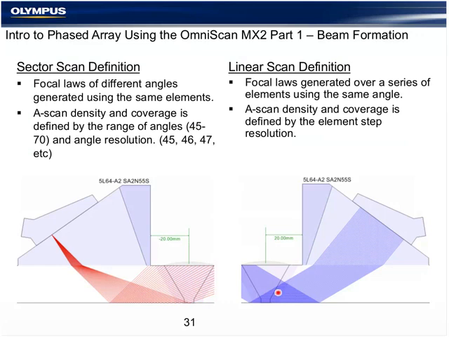A sector scan group is going to fire all of the A-scans or focal laws from one group of elements. They will have a different exit point because the angle is slightly different. But for the most part, it's one group of elements forming the 45, the 46, the 47, the 48.